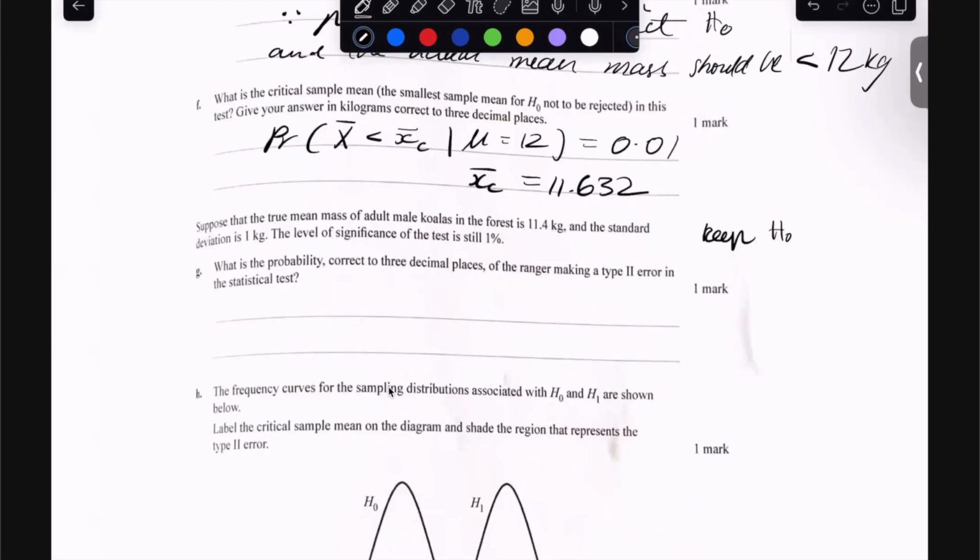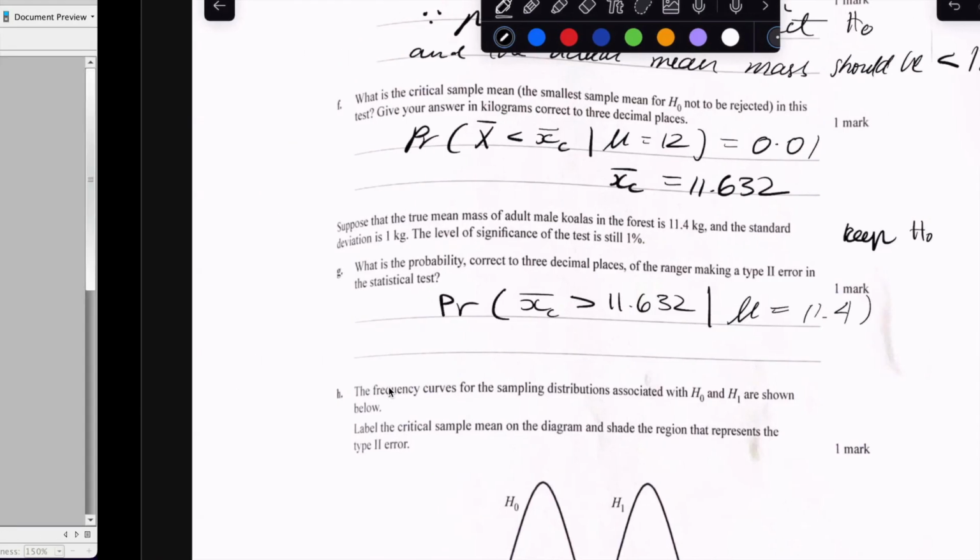So you found the critical value and you're saying what's the probability that x bar is greater than your critical value, because that's when you keep it, given that the actual mean is 11.4.